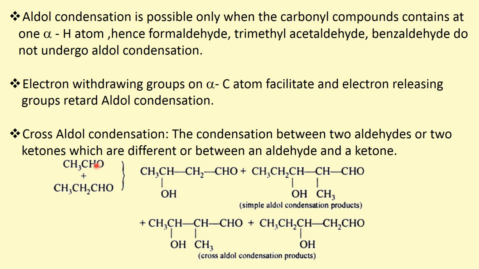If it takes place between this and this, and we consider the carbanion forming here, then you will get this product. And again, the aldol condensation between acetaldehyde and propanaldehyde, but with the carbanion forming here, you will get this product. So a number of products are obtained.